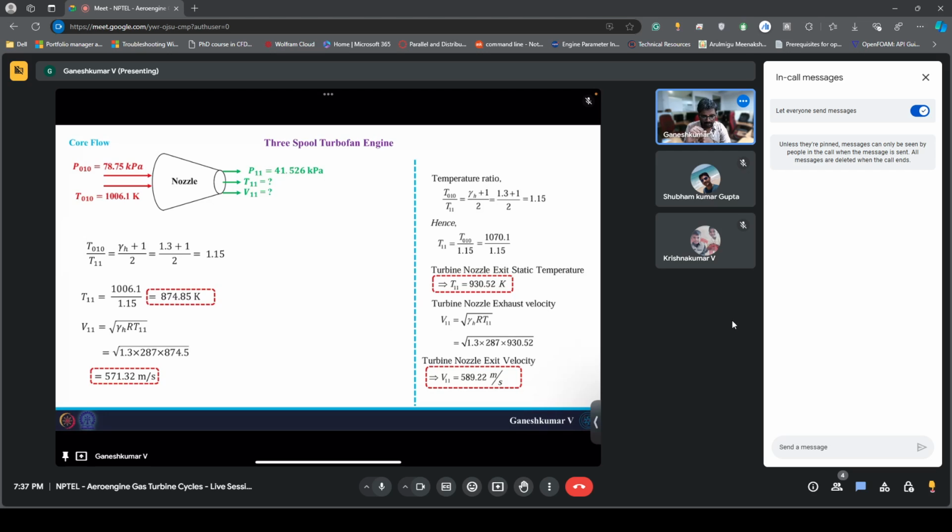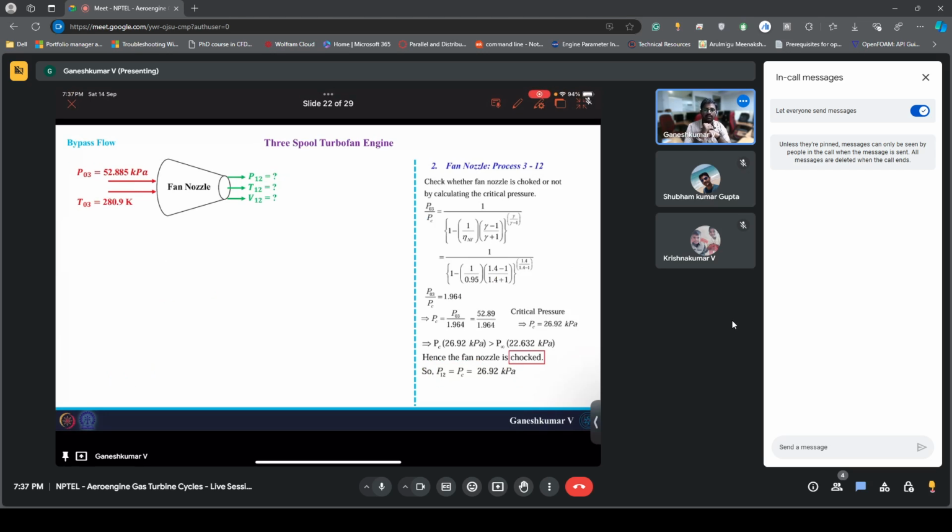Okay. Now let's look at the bypass flow. In the bypass flow, nothing has changed, right? The amount of bleed is going to affect your core stream. In your bypass stream, there is no change. There is the fan nozzle, and the mass flow rate is the same, like we saw in the lecture also.